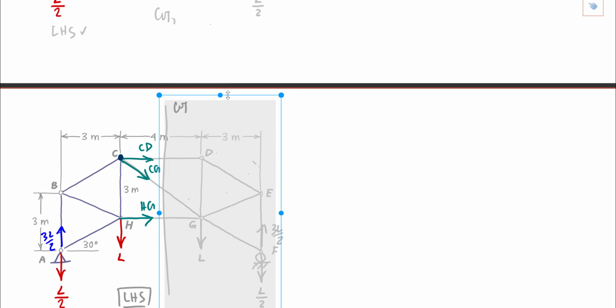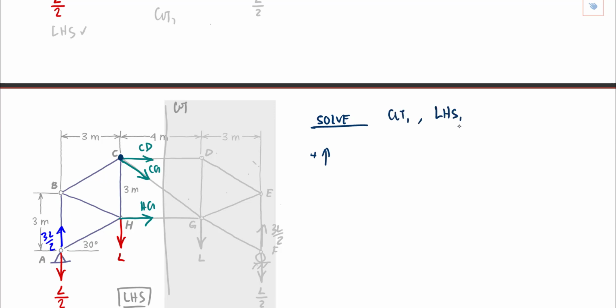Okay, so now let's go ahead and go with that strategy of ours. So our last step is to solve, right? So first things first, we're saying cut 1, left-hand side of cut 1. Summing my forces in the y direction, we have 3L over 2 minus L over 2 minus L, and then we also have components for this guy.